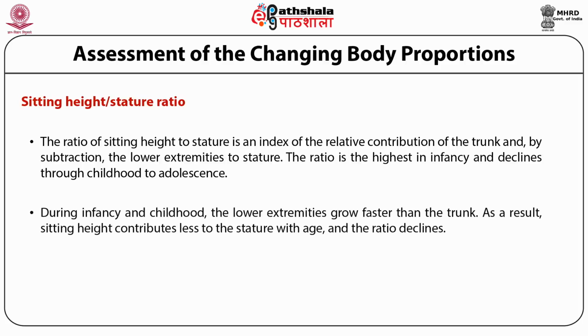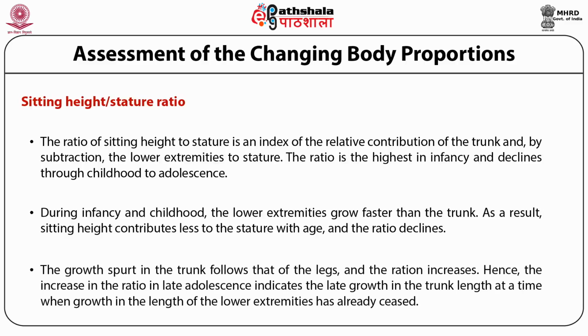During infancy and childhood, the lower extremities grow faster than the trunk. As a result, sitting height contributes less to the stature with age and the ratio declines. The ratio continues to decline and reaches its lowest point early in the adolescent spurt because the legs experience their growth spurt earlier than the trunk.